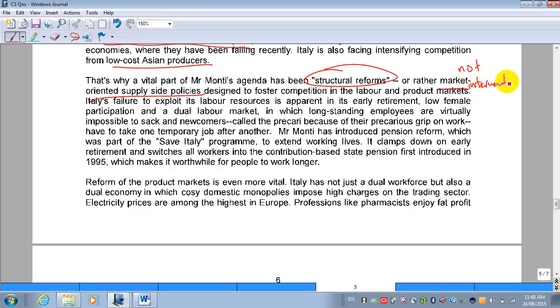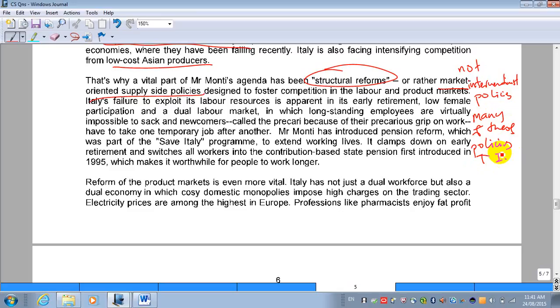When you were doing this case study, a lot of people started talking about increase in G on R&D, increase in G on education, and it's totally out of point, because we are very specific. We are talking about market-oriented supply-side policies, which will also increase the LRAS. Many of these policies increase the I.